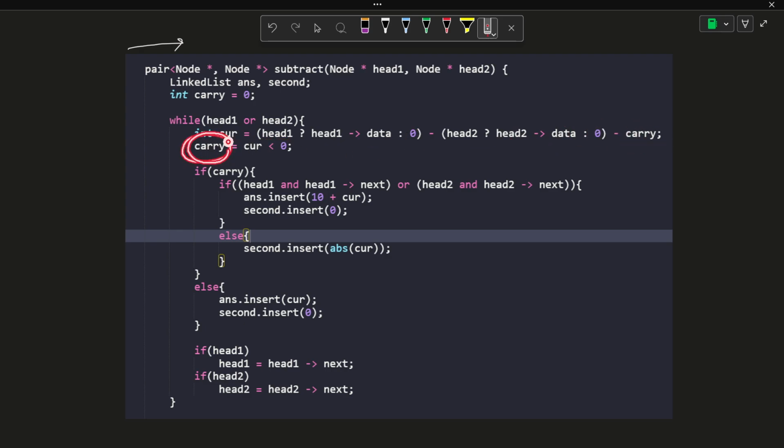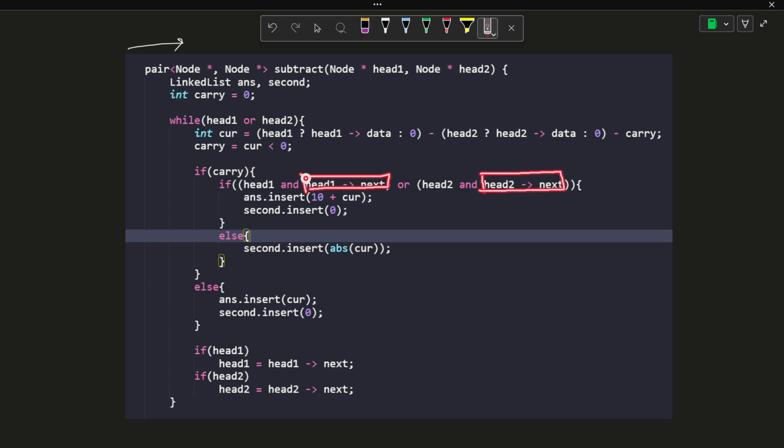Now the next carry will be equal to current less than 0. So that basically means if my current becomes less than 0, it needs a carry and then carry will be 1. Otherwise, if current is greater than or equal to 0, that means I don't need a carry and then carry will be equal to 0. Now if carry is needed, that means I need to borrow from the next number, what I'm going to do is check whether head 1 has a next node or head 2 has a next node.